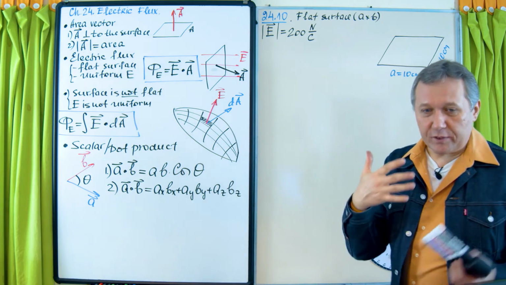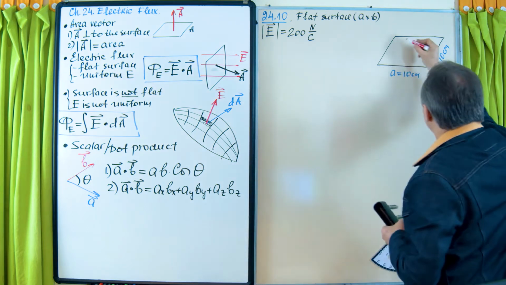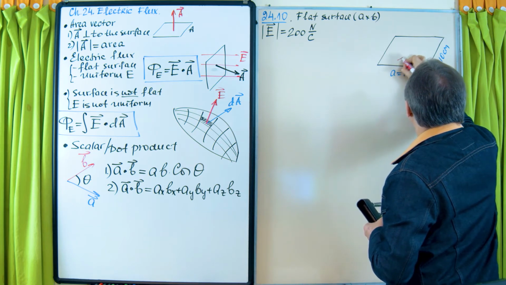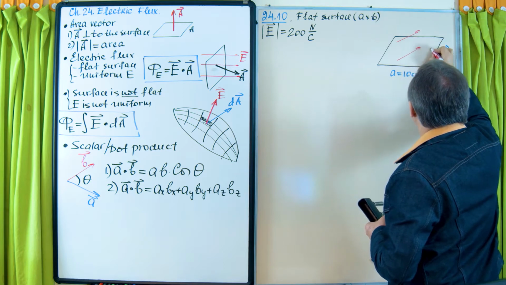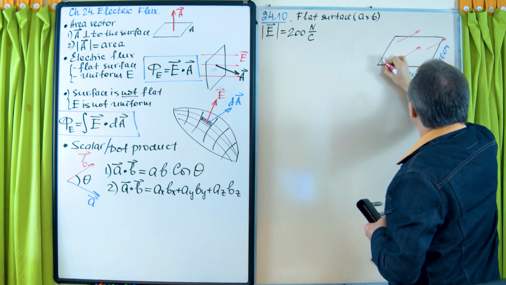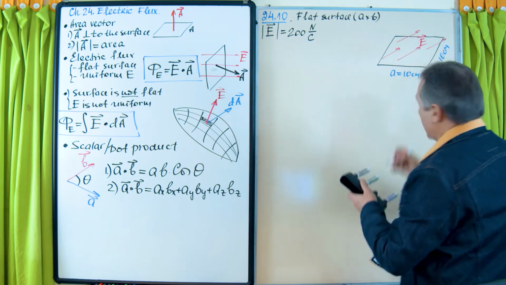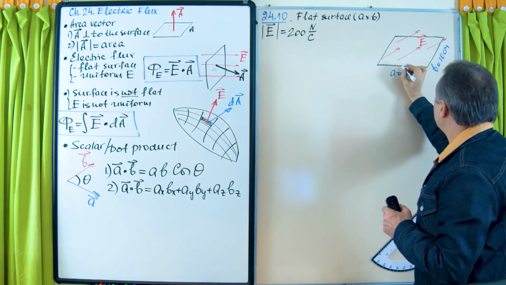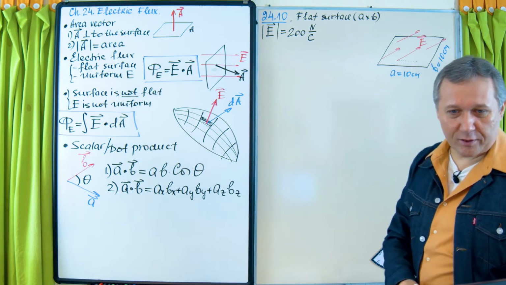Right. Newtons divided by coulombs. And also, we have some information about the direction of this electric field. Okay, let me draw a few vectors over here. So let's say something like this, this is my electric field, and one angle is given. If I draw this dashed line, which belongs to this surface, you see the dashed line.